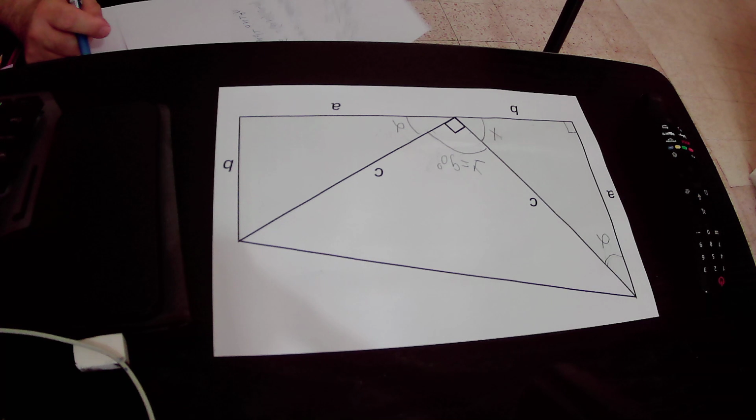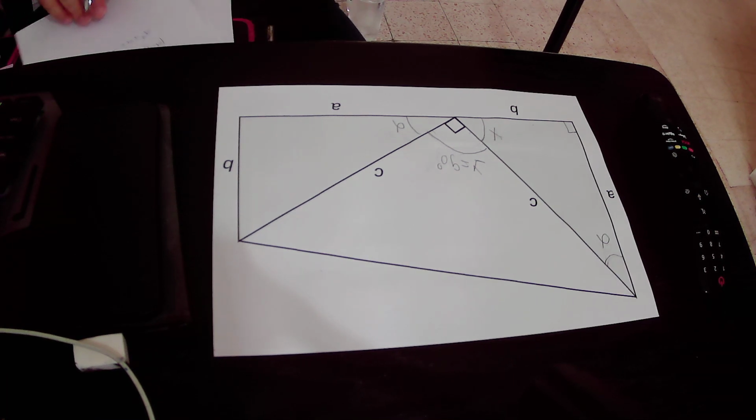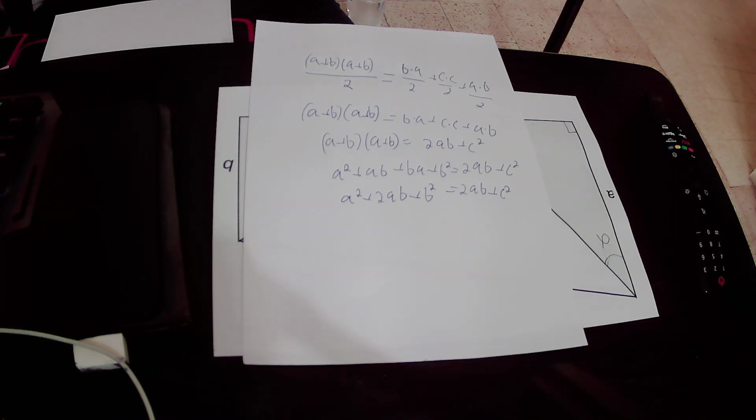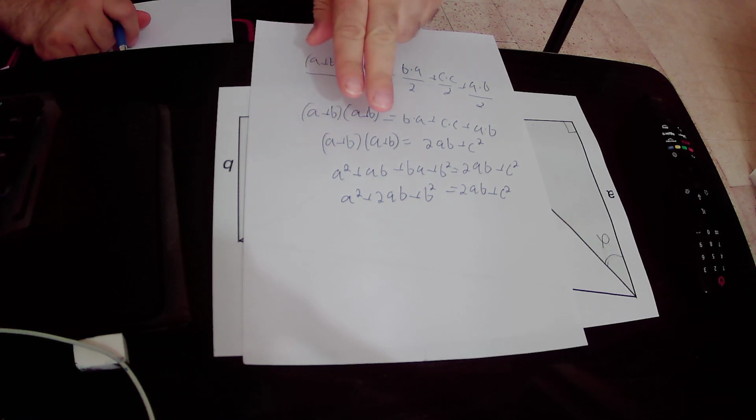So on the left side we have a squared plus 2ab plus b squared equals 2ab plus c squared.